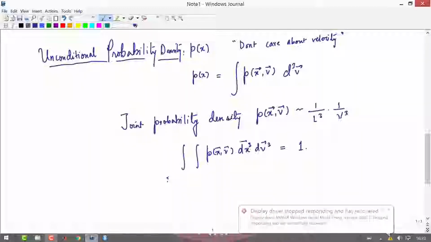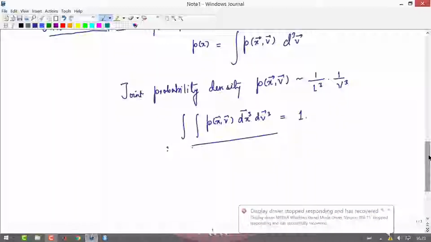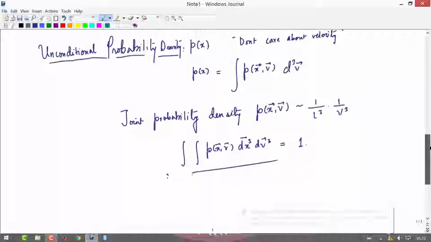So that is the meaning of the joint probability density, and knowing this, one can compute the unconditional probability density, which has been just computed in this expression.